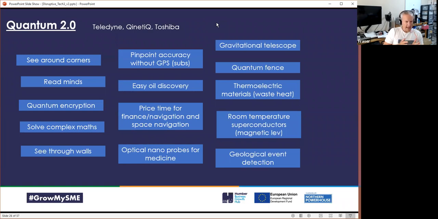I did come across the other day a quantum camera which could detect gas emissions. So if you're in heavy industry and you've got some safety concerns about things you can't see, again, some of these devices are already out there. A very exciting area of physics which will change our lives.